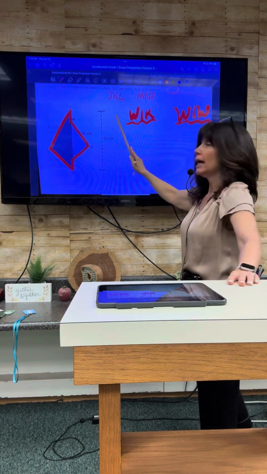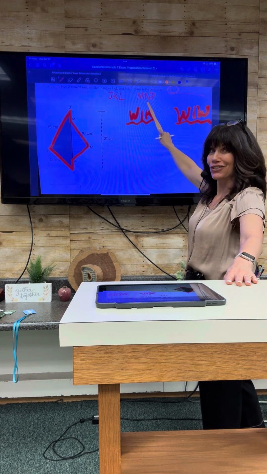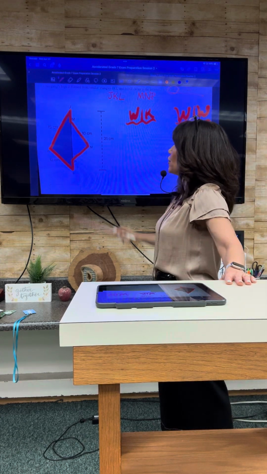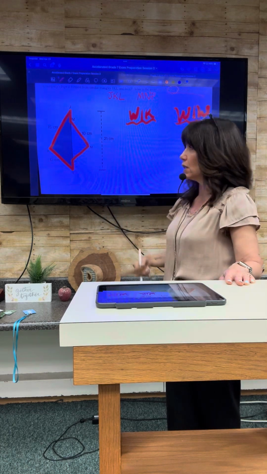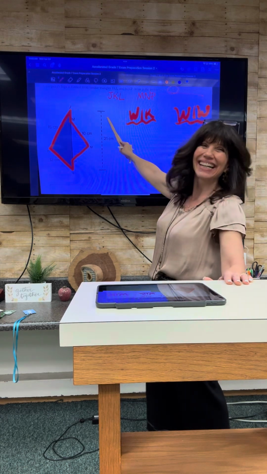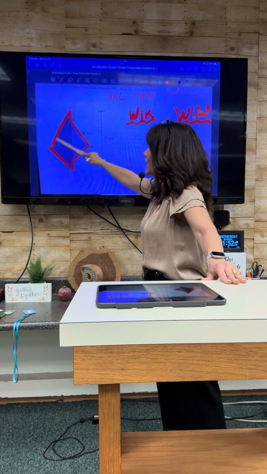Remember this. MN are the first what? 2 letters. So what letters here need to label the line in the large triangle that relates to the line MN? JK. Okay, line JK.